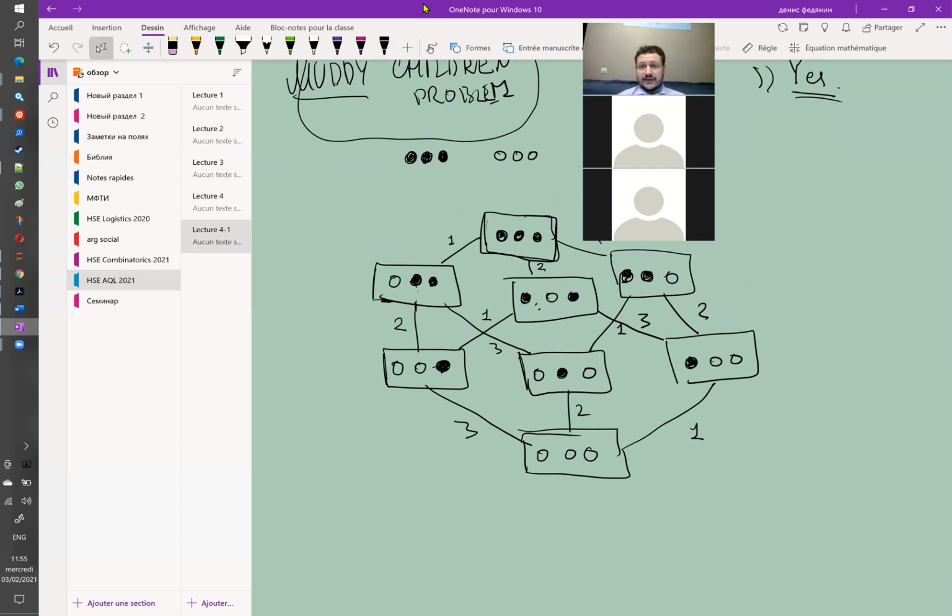In modal logic, we can say that it's some kind of model where, when we have possible worlds, we have relations, and we have 3 types of relations: for the first agent, a relation labeled 1, a connection with label 2, a connection with label 3, so 3 types of labels, and a special function that shows whether the face is muddy or not.